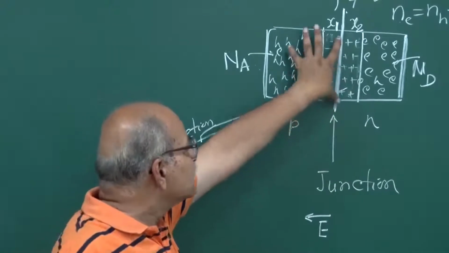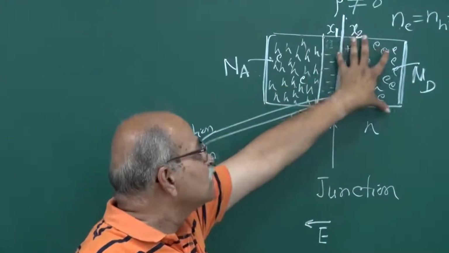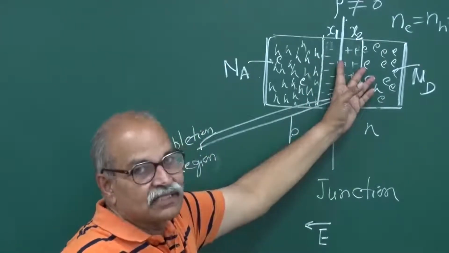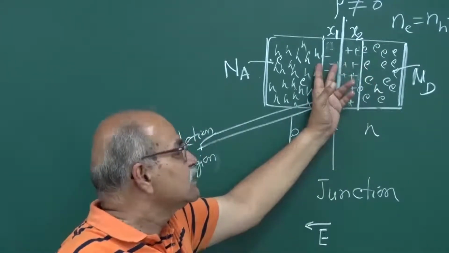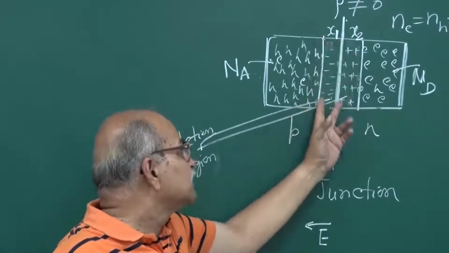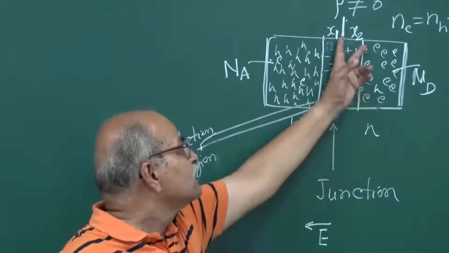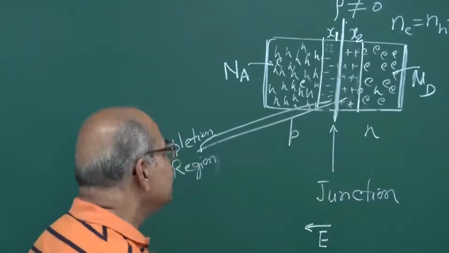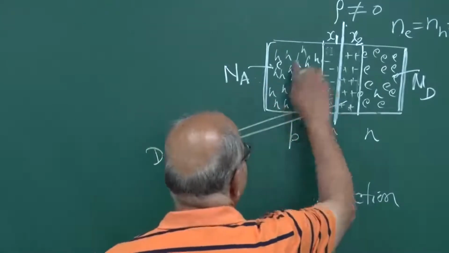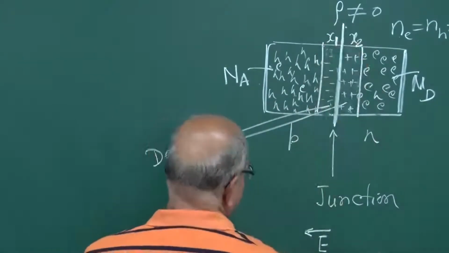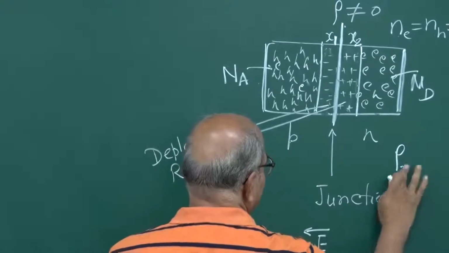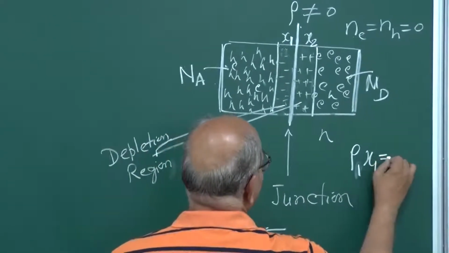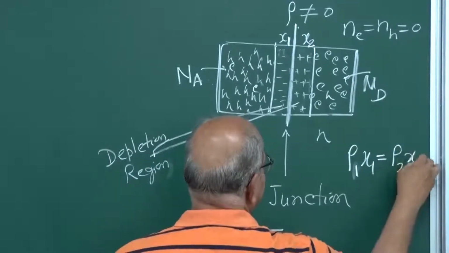If you have a large density here and a smaller density here, and if these holes are to neutralize these electrons, or these electrons are to neutralize these holes, a small width is sufficient to neutralize a larger width here, and therefore x1 and x2 will be different. And you can always have this relation: rho 1 times x1 is equal to rho 2 times x2.